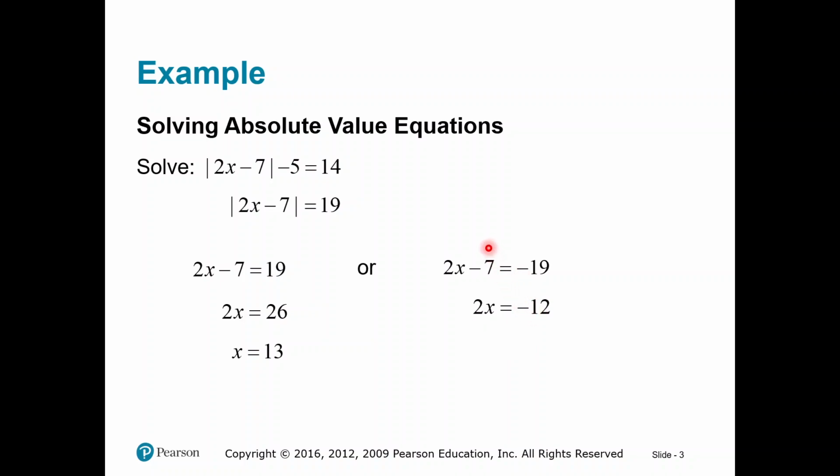Negative 7 plus 7 is 0. So therefore, only 2x, divided by 2. So x is negative 6. So we have two solutions: x are negative 6 and 13.